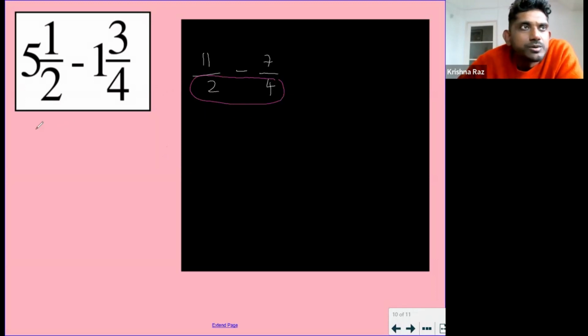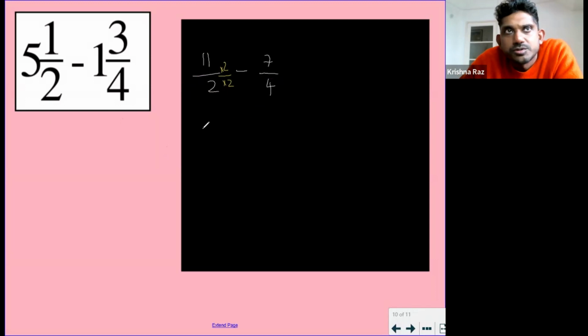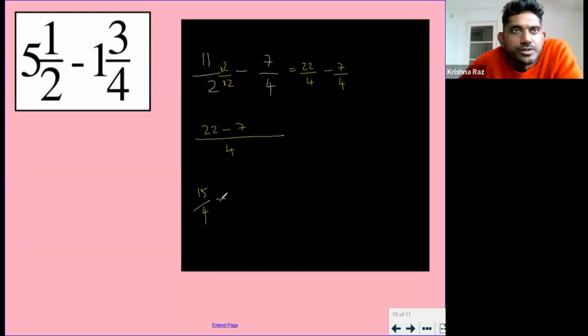So if we just multiply this by 2, it will be easier than doing the cross multiplying. So what we have now is 22 over 4 minus 7 over 4. So all we have to do is subtract the tops. So 22 take away 7 is 15. So we get 15 over 4, which is 3 3/4.